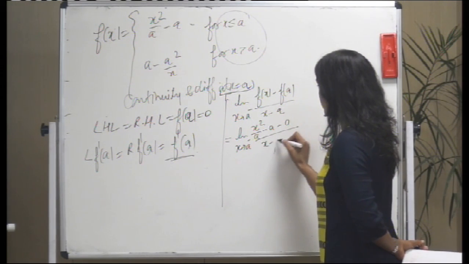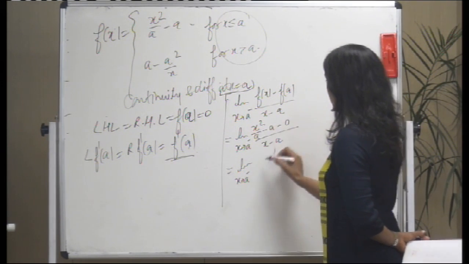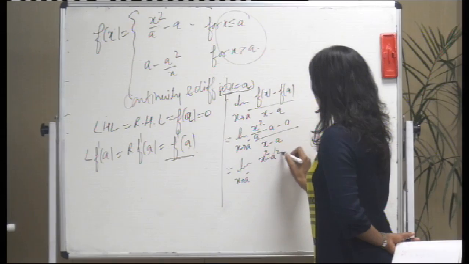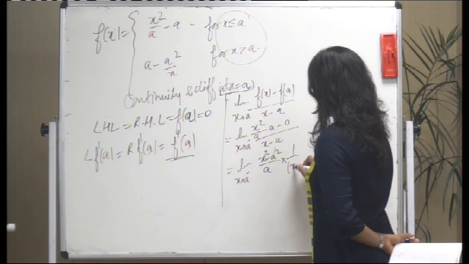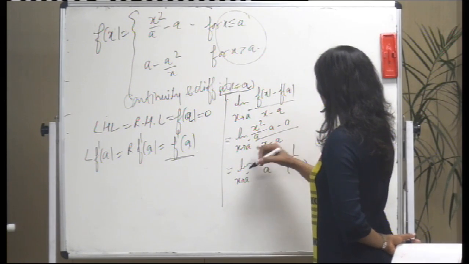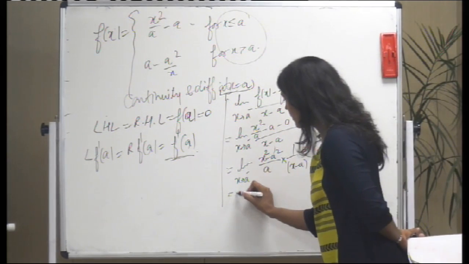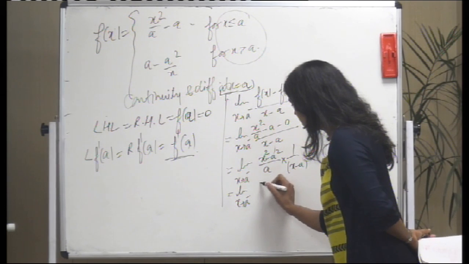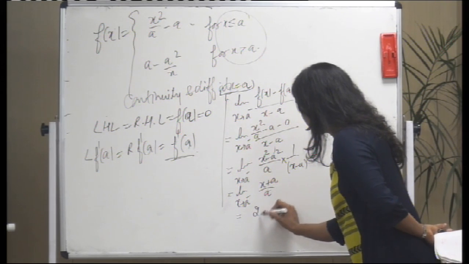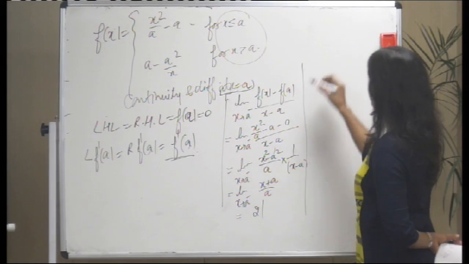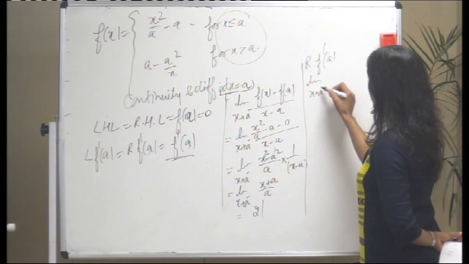So this is basically the numerator x square minus a square upon a, and 1 upon x minus a. When you factorize it, x minus a cancels, and then x plus a upon a, and when you substitute a, it will be 2 only.